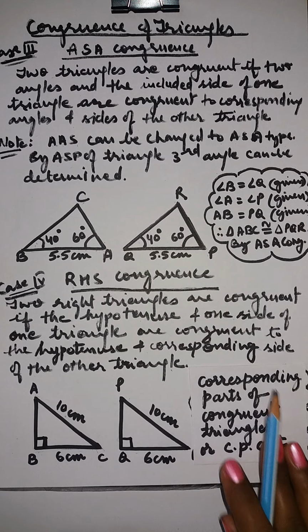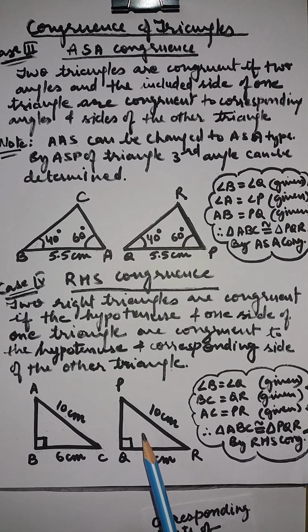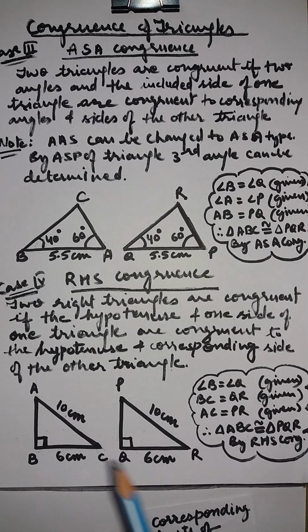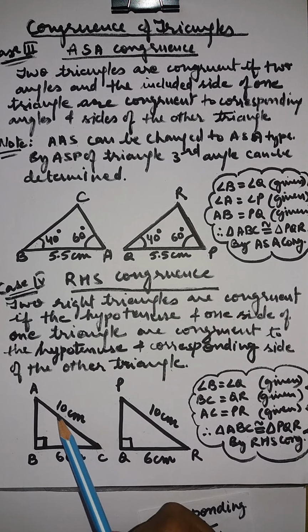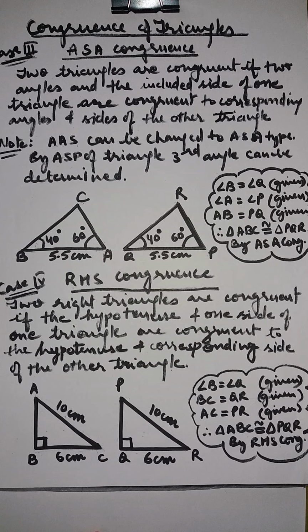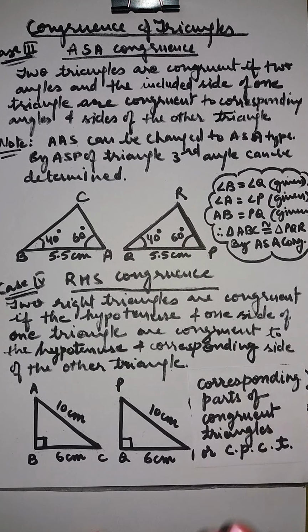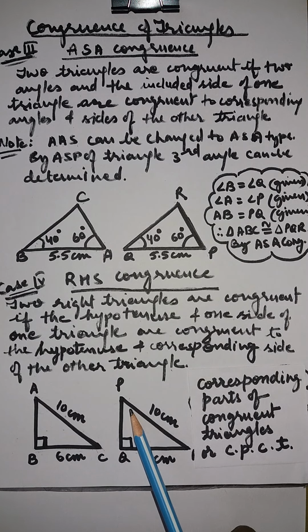It says that if the two given triangles are congruent, which we have already proved, then all the six elements, meaning three sides and three angles, are also congruent. It means their corresponding parts, like angle A equal to angle P. If we ask whether AB side is equal to PQ, yes, we can say yes by CPCT.